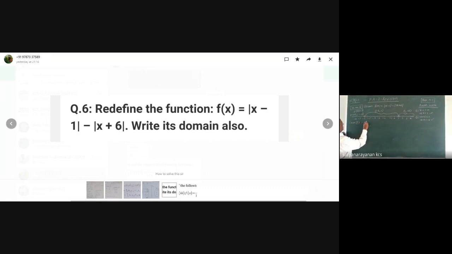Case 2. Minus 6 less than x less than 1. If you take x value in this interval, x belongs to open interval minus 6 comma 1. This implies minus 6 less than x less than 1. We wrote this interval in the equation form.